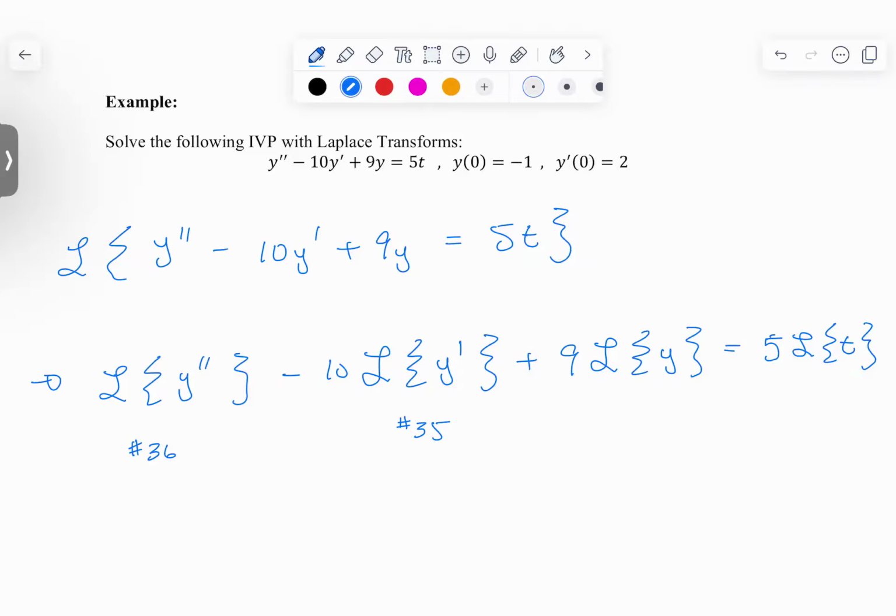The function F of s is the Laplace transform of a function f of t. The definition of the Laplace transform just is going to become Y of s. Let's make this big Y, because this right here is basically y of t.